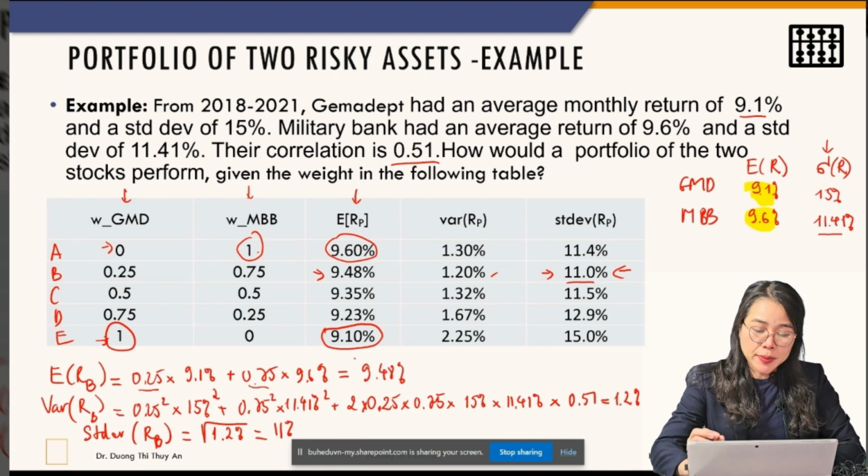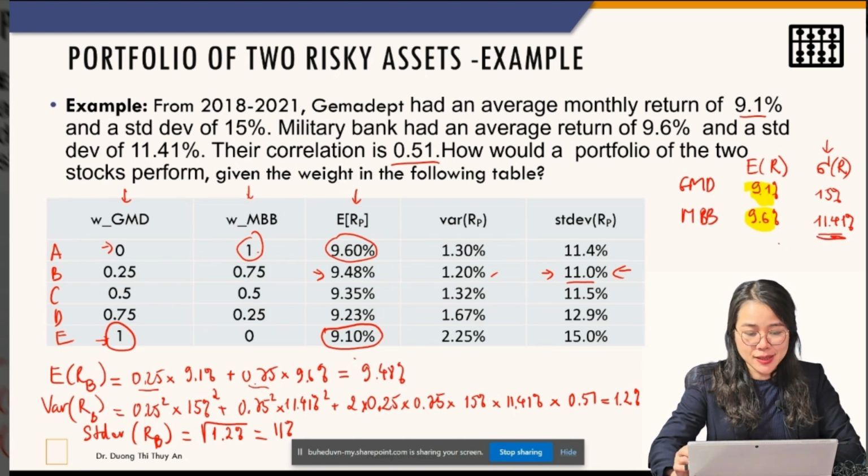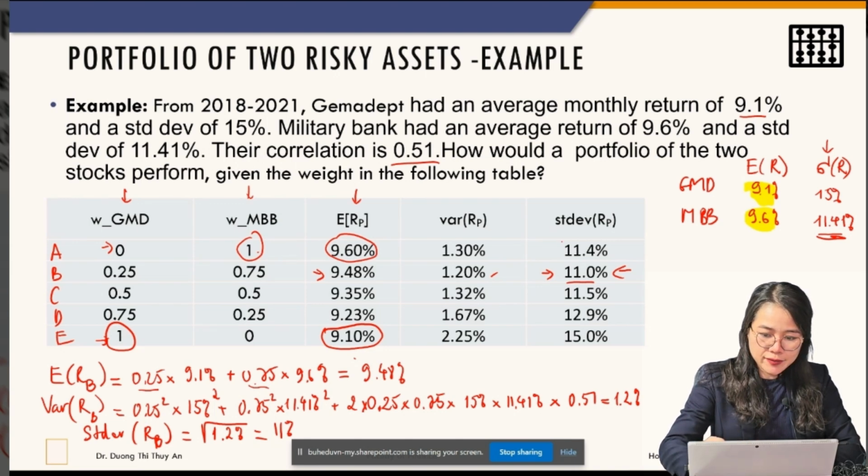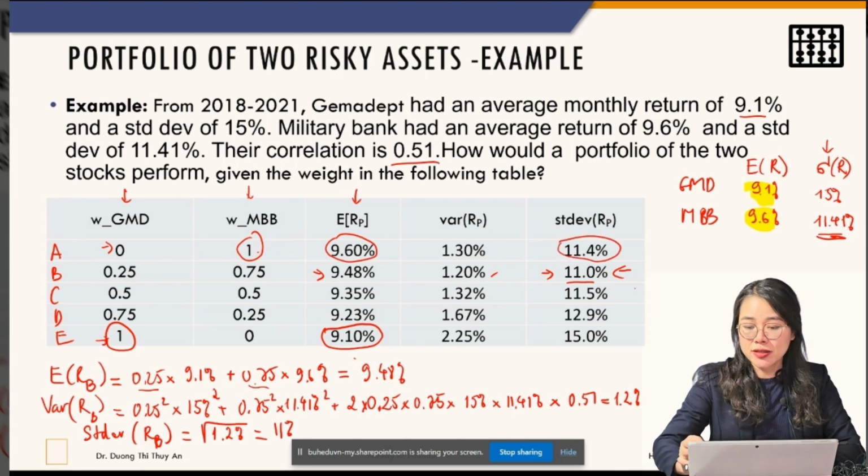But when we combine GMDF with MBB, the risk of the overall portfolio is 11%, even smaller than the risk of MBB itself. This is the risk of 100% MBB, 11.4%. It's actually the same risk as MBB.